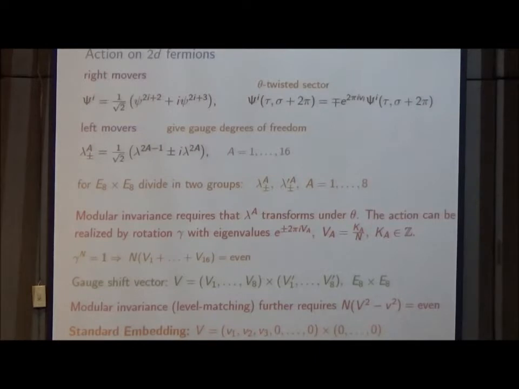It satisfies all conditions. This is called the standard embedding. It is always there, satisfies all conditions, and so it has a name. Embedding comes from the fact that you are embedding the action on space-time into the gauge group.